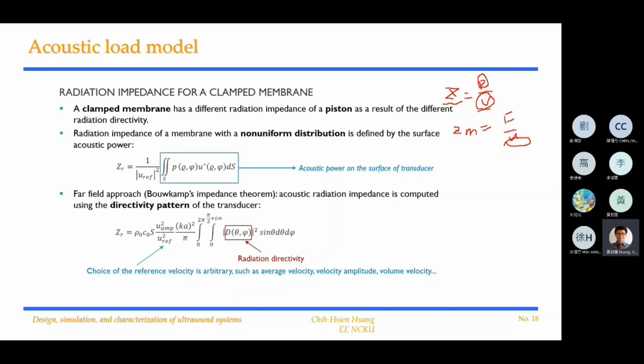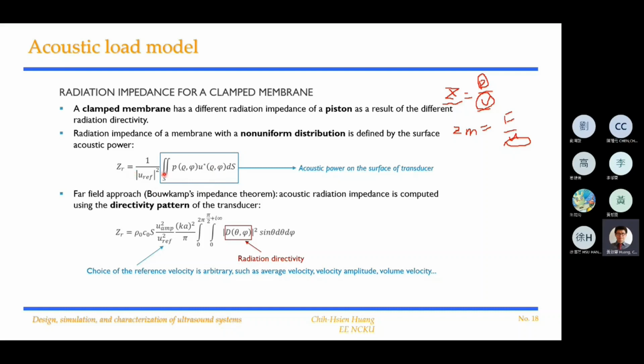If you run slower, then you encounter less impedance too. So that's the concept here: the radiation impedance in the membrane is not uniformly distributed, unlike the piston. We can define it like something like this.